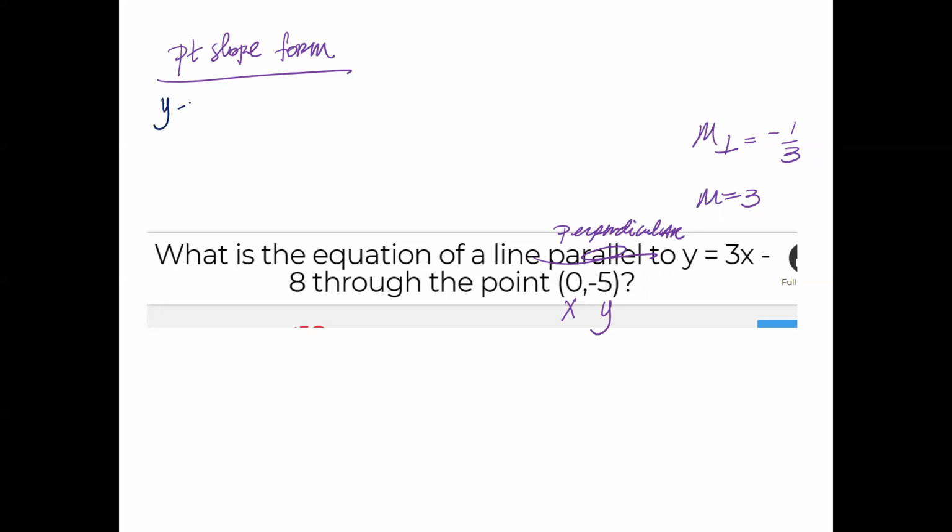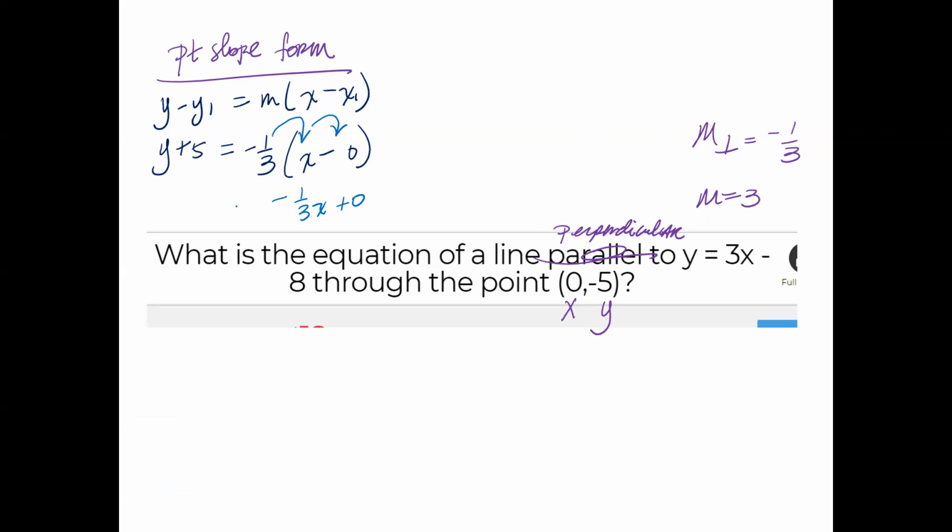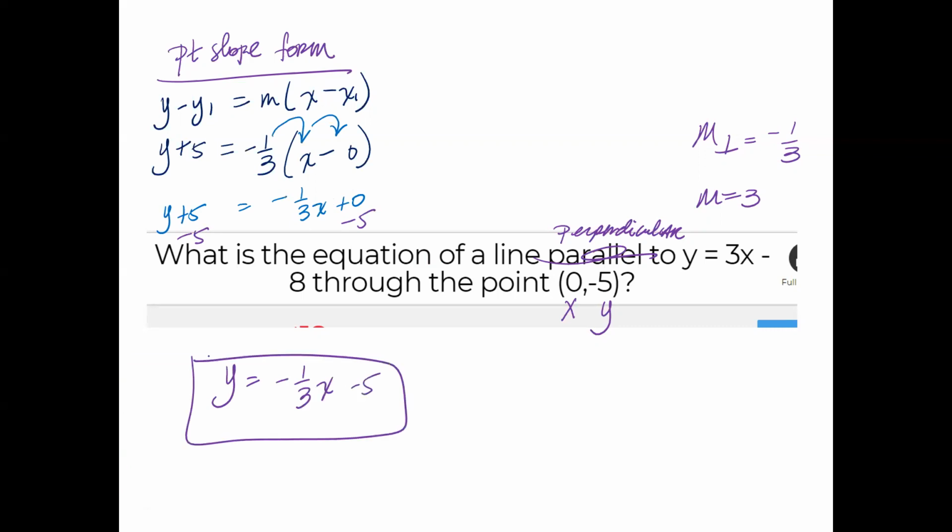So for that, it's going to be y minus y1 equals m times x minus x1. And then I have y minus, my y is a -5, so it's going to be a +5. Double negative makes it a positive. My slope is perpendicular, so it's a -1/3, x minus 0. So I want to distribute this, which will give me a -1/3 x plus 0. But I also want to get rid of this 5 right here, so I'm going to subtract 5 on both sides. So I have y is equal to -1/3x minus 5. And this is my equation.